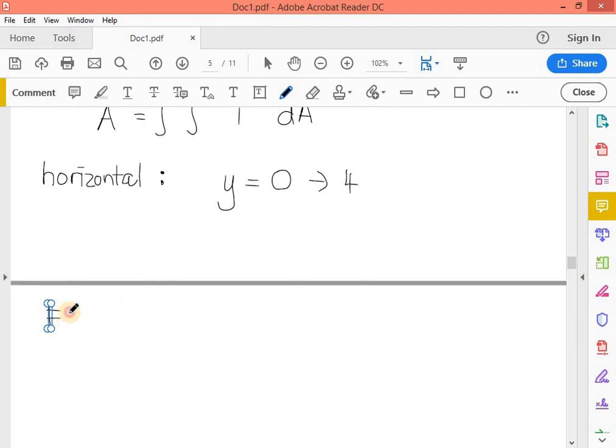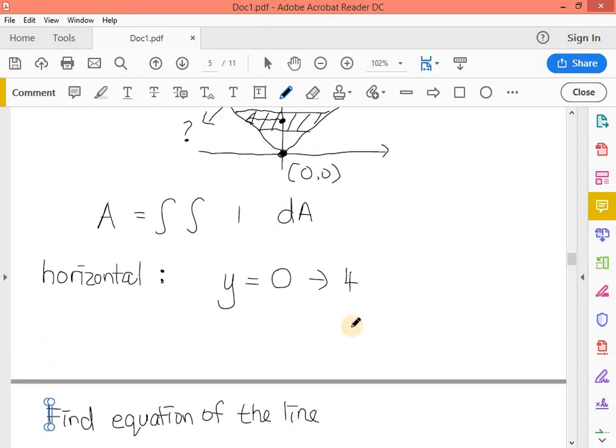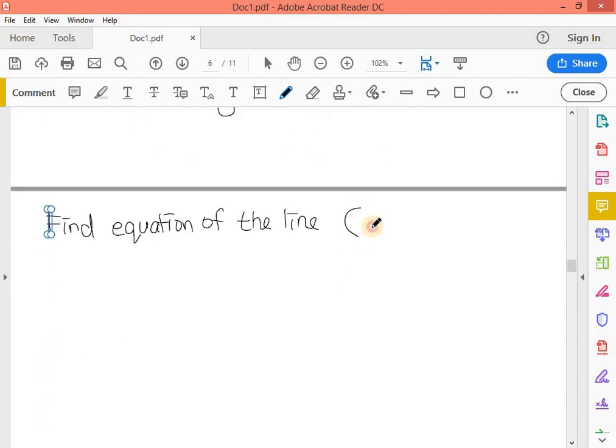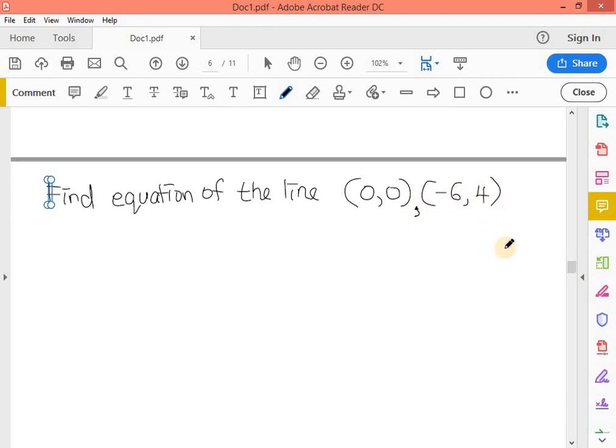Find the equation. So, joining 0, 0 and negative 6, 4. What do you have to do?